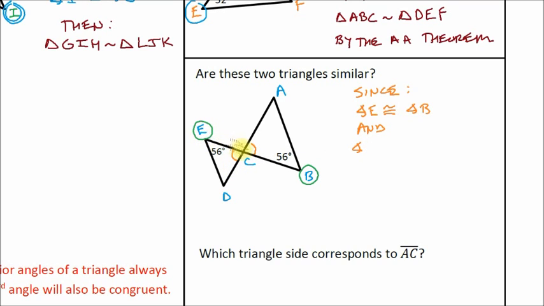So I'm going to call this one ECD. Angle ECD is congruent to angle, and I'll call this one ACB. And I'm going to put in a note why I know that. Vertical angles. So I can justify those must be congruent by vertical angles.